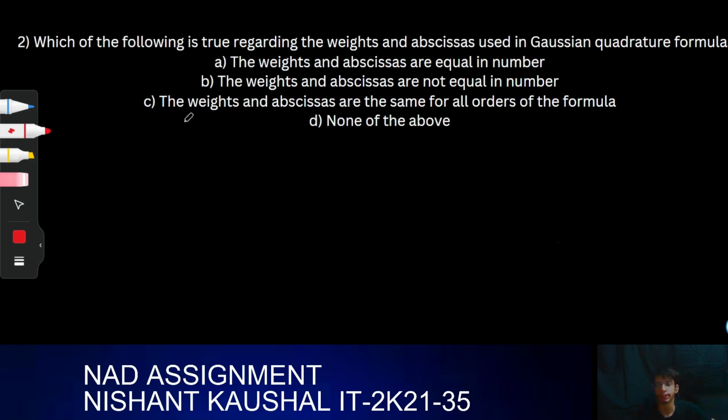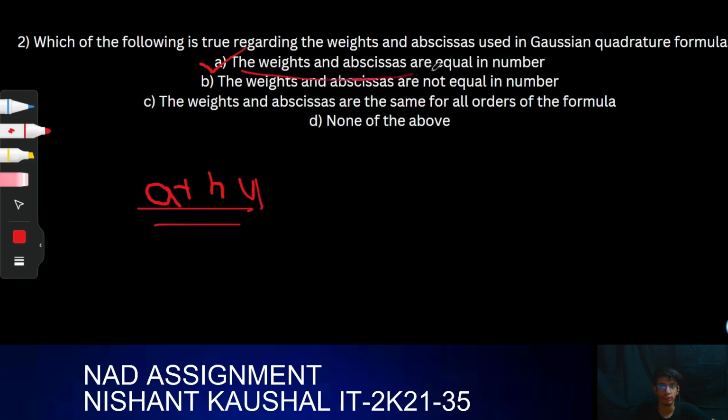Now let us see the second question. Which of the following is true regarding the weights and abscissas used in the Gaussian quadrature formula? The weights and abscissas are equal in number. Yes, this is true, because in a Gaussian quadrature formula we divide it in terms of a plus hu, right? So each and every term gets this number.